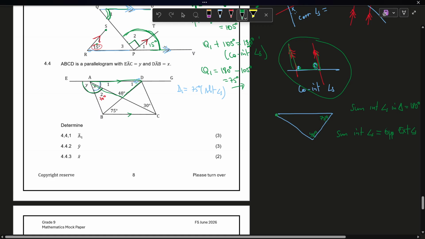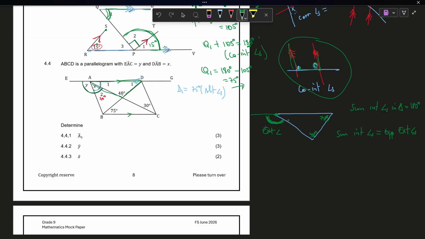It should be somewhere in this vertex. What is the exterior of this? So this angle here is the exterior angle opposite to these two interior angles. If we sum up these two angles, we get the angle here, right?